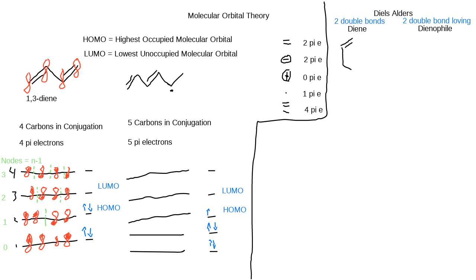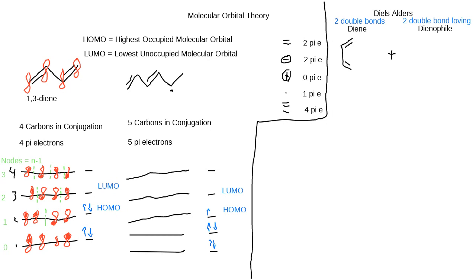So your diene should always be in an s-cis fashion. Okay, these double bonds are facing the same direction, so that's why it makes it cis. And then we always have a plus between diene and dienophile.